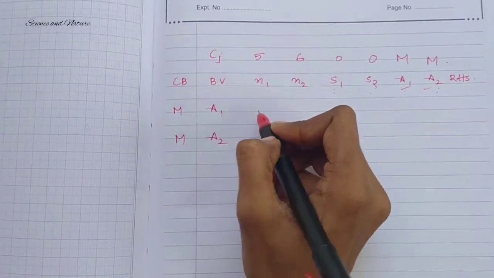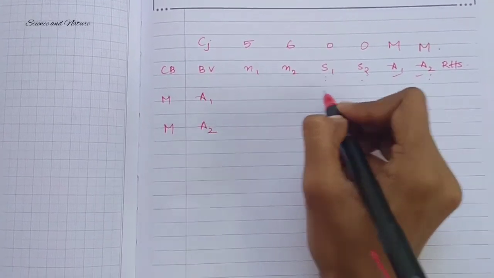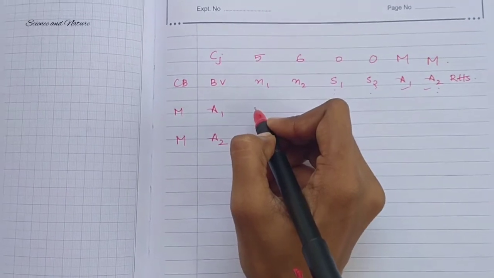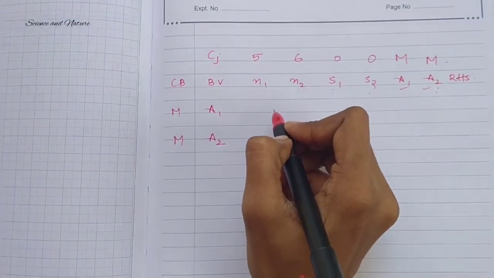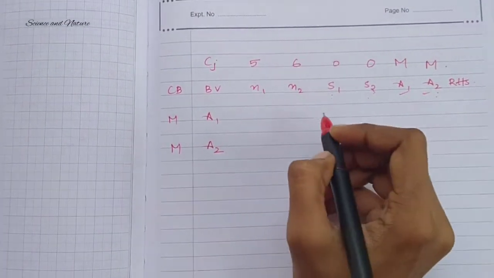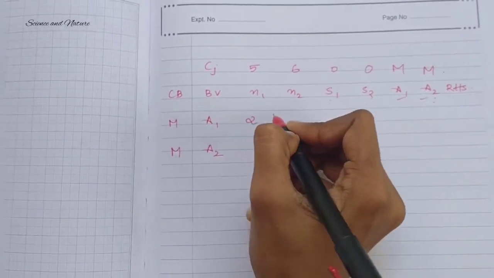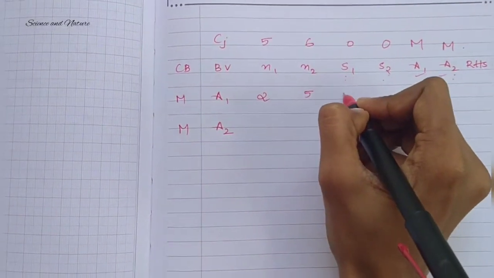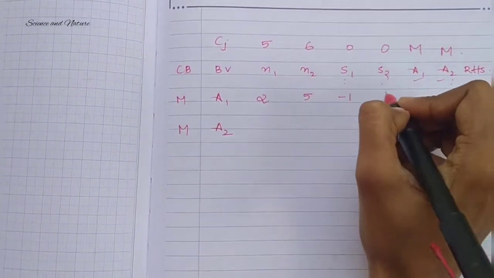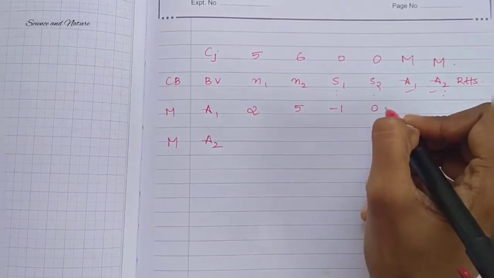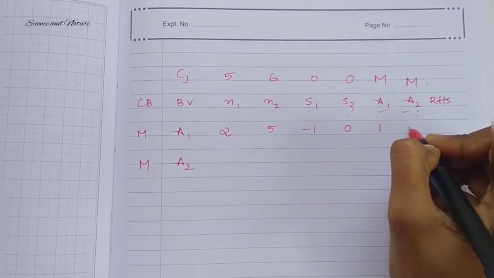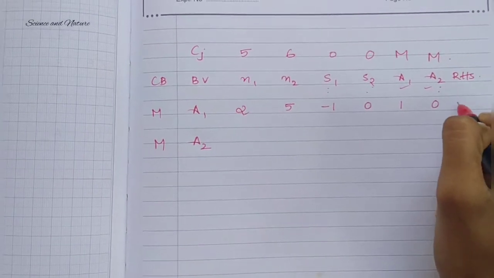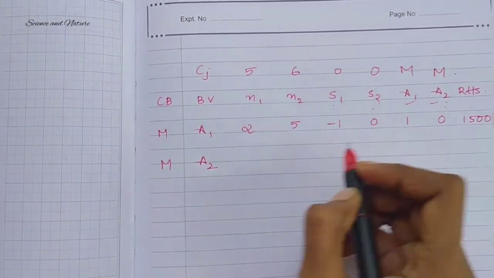Then we need to write the first equation's coefficients here. That is, first equation is 2x1 plus 5x2 minus s1 plus a1 is equal to 1500. So 2x1 plus 5x2, that is 2, 5, minus s1, that is minus 1. There is no s2 in the first equation, so we put 0. a1 is 1, and there is no a2 in the first equation, so we put 0, and RHS is 1500.